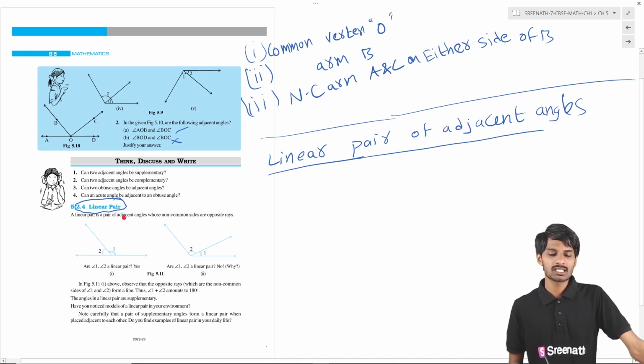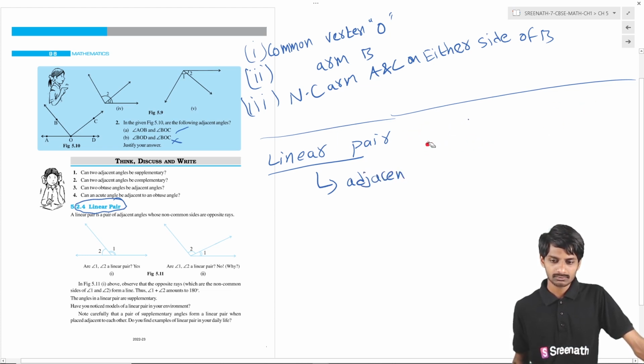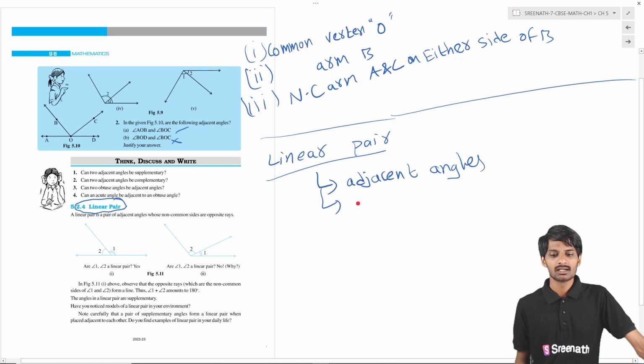A linear pair is a pair of adjacent angles whose non-common sides are opposite rays. So what is the condition? The first condition for a linear pair is that they are adjacent angles. The next thing is that their non-common arms must be opposite.